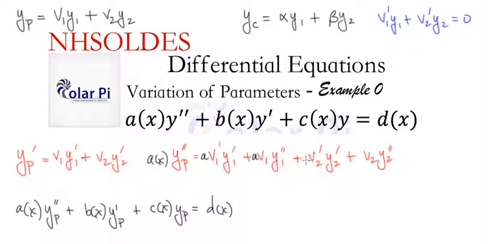So I'll just write a, okay, they will all have a of x. And then let's look at these guys. These are basically b of x here, and so let's just write a b there and a b there. Cool. And then finally, let's write yp with c here, so c of x here, and so that's a c there and that's a c there.